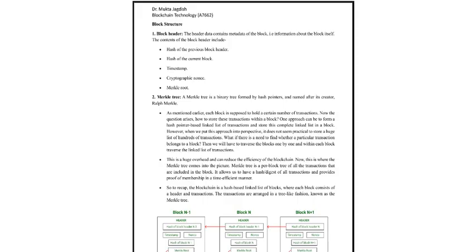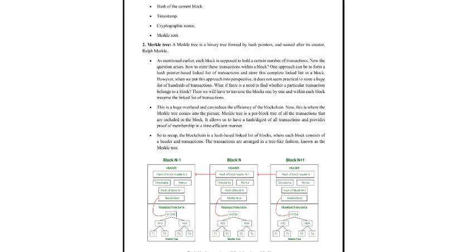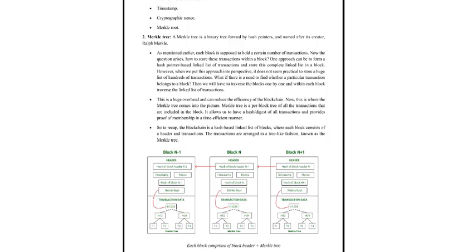So when we talk about the Merkle tree, a Merkle tree is a binary tree formed by hash pointers and named after its creator, Ralph Merkle. As mentioned earlier, each block is supposed to hold a certain number of transactions.